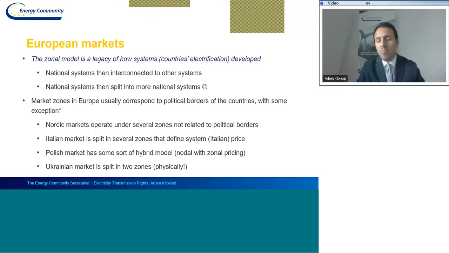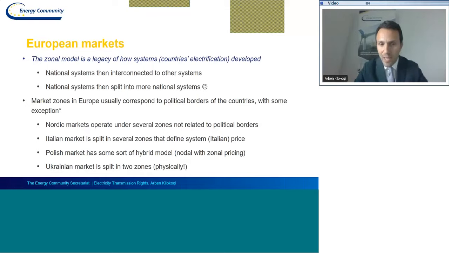As I said, in Europe you have zonal designs, so zonal markets. Usually these zones correspond to the political borders of countries, but there are also exceptions. In the Nordic markets, for example, you have different zones which are not necessarily linked to the political borders of the countries.